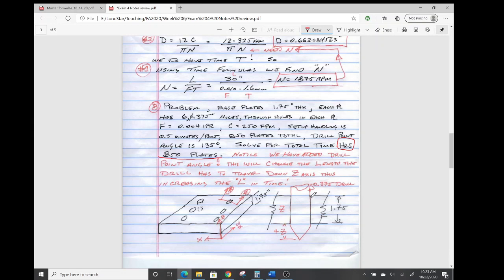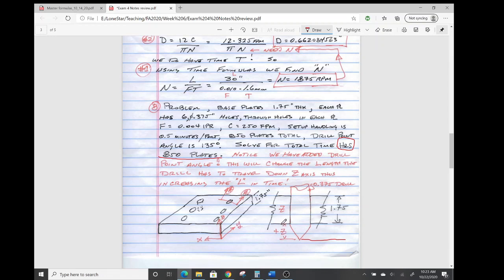Okay. We want a full 375-inch diameter hole all the way through this 1.75. So, when we set our DRO on our manual mill, or we plug in our tool touch off and we get our total Z depth, we have to account for the thickness of the plate, 1.75, plus the depth of our drill point angle.